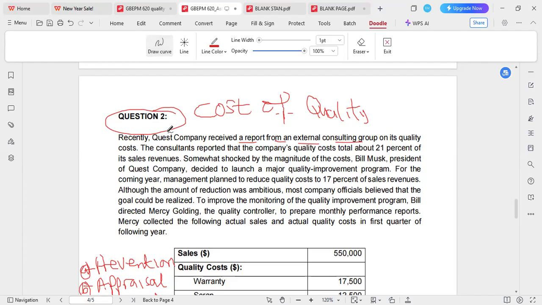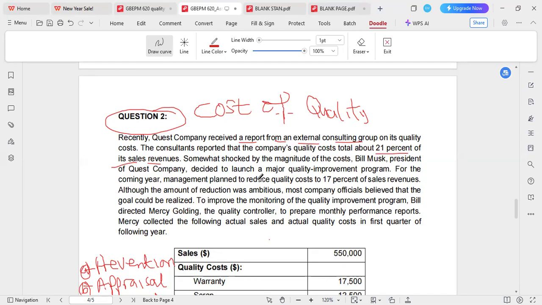The consultant reported that the company's quality costs total about 21% of its sales revenues. Somewhat shocked by the magnitude of the costs, Bill Marks, president of the gas company, decided to launch a major quality improvement program for the coming year.